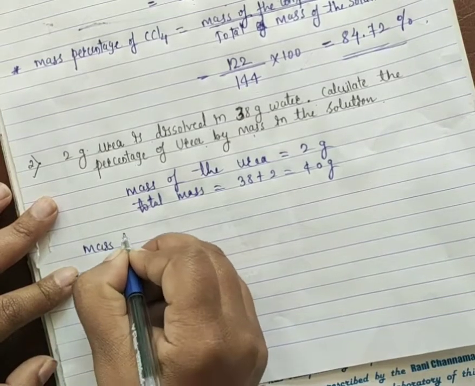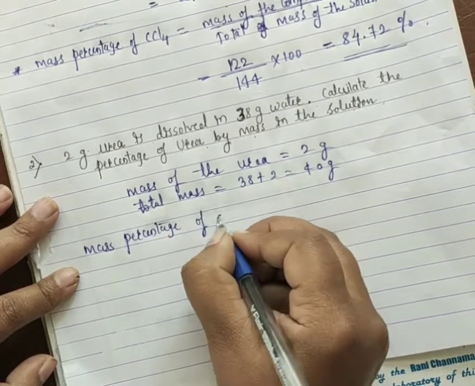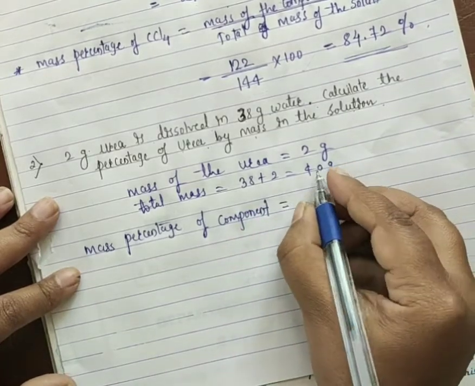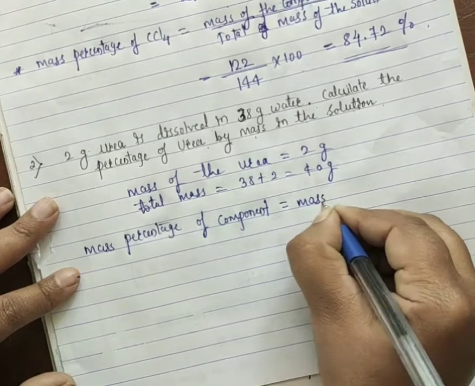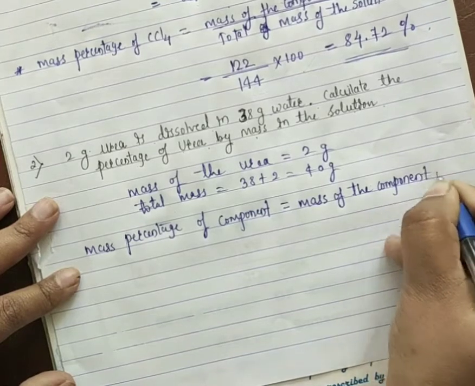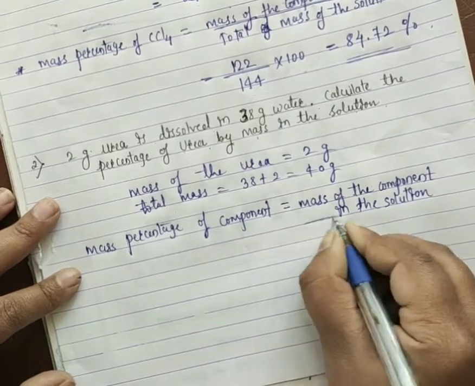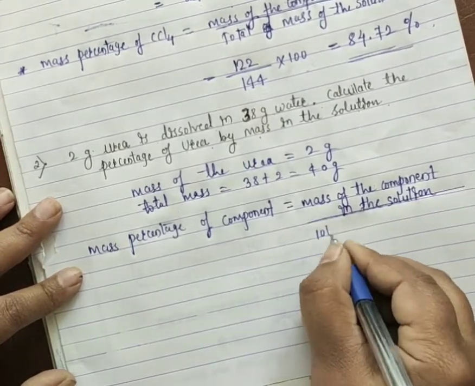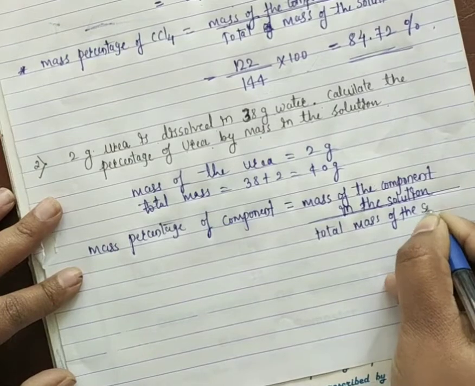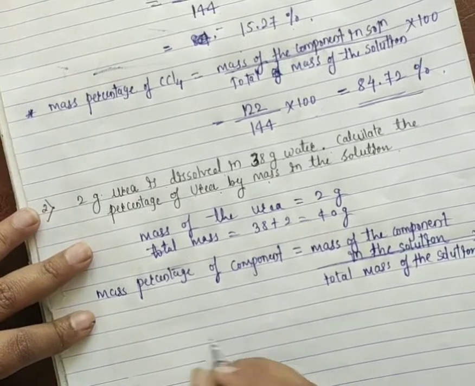Mass percentage of component is equal to mass of the component in the solution divided by total mass of the solution into 100. Okay, so now put the value here.